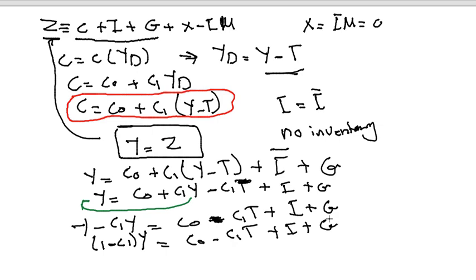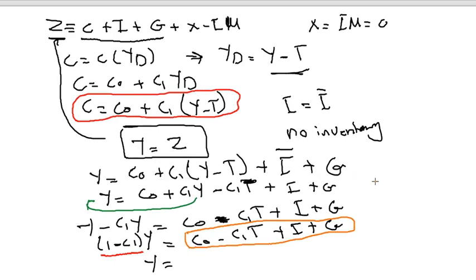And because we want to derive the equation for the equilibrium output, we want output on the left hand side without anything attached to it, so all we need to do is divide by this 1 minus C1, and that will cancel out here. So that means here we will have Y, and we will divide all of this by 1 minus C1.